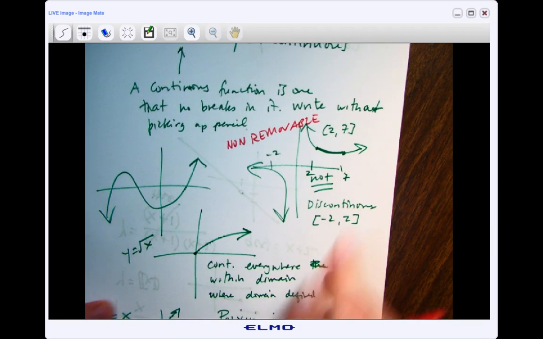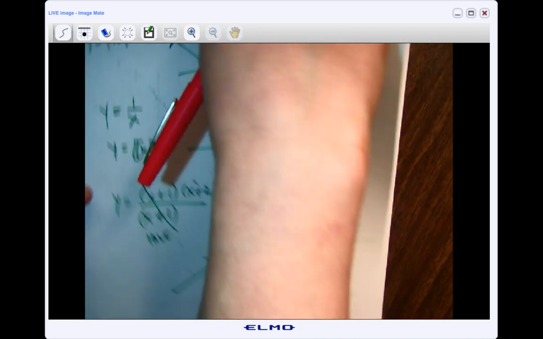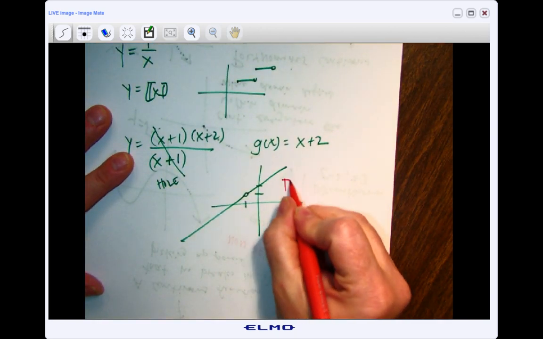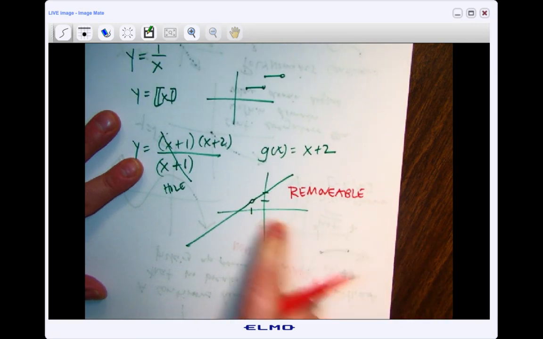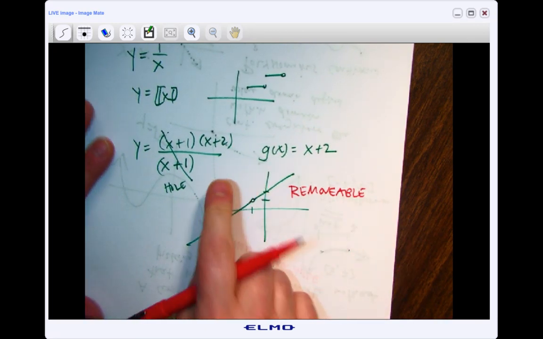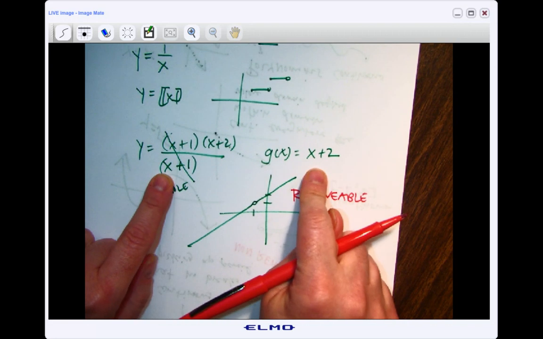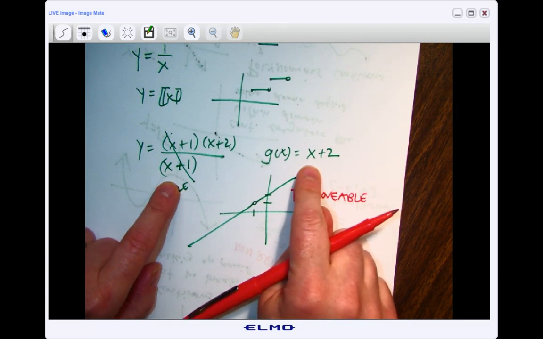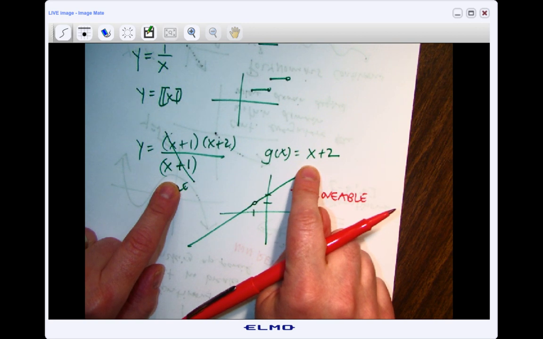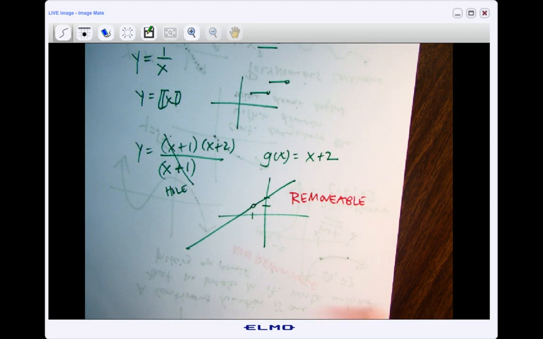And I think it's actually easier to talk about this one first. So let's look at this one. This one is called removable discontinuity. Now, if you take a look, this function and this function are kind of the same function. They're the same at every single place except for x is equal to -1. All the other outputs are identical.